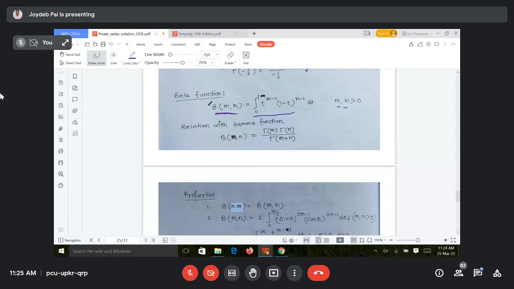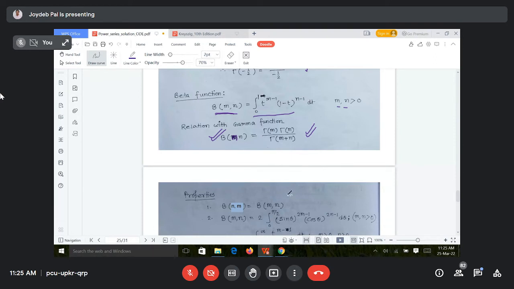The formula is beta of m, n is equal to gamma m into gamma n divided by gamma of m plus n. It is an important relation between the beta function and the gamma function.